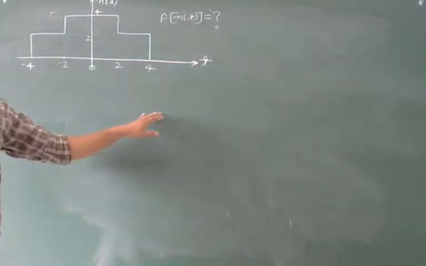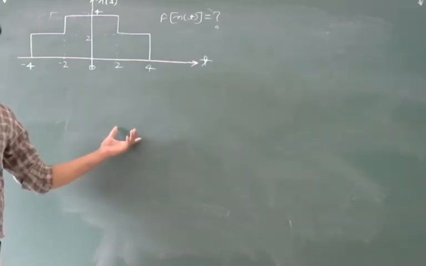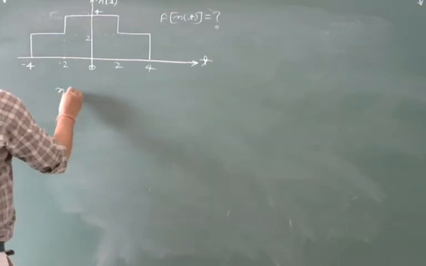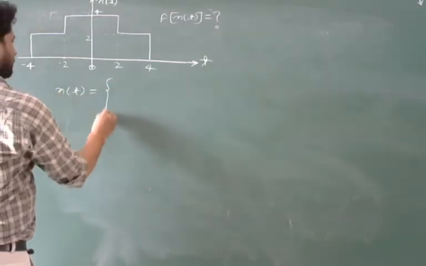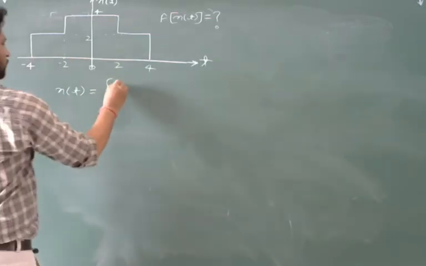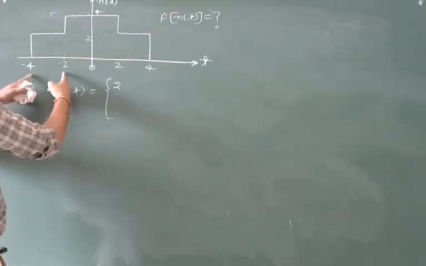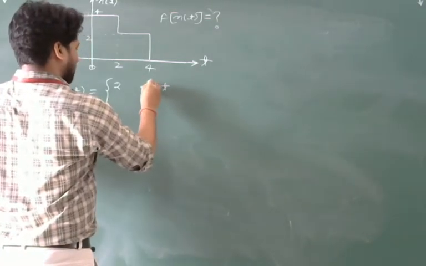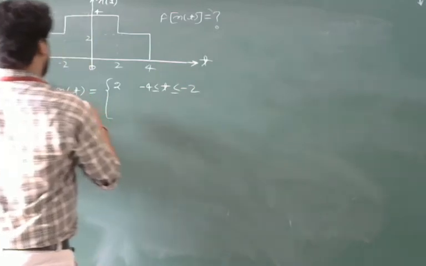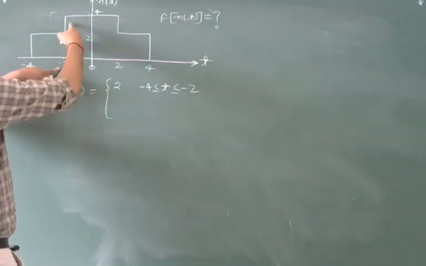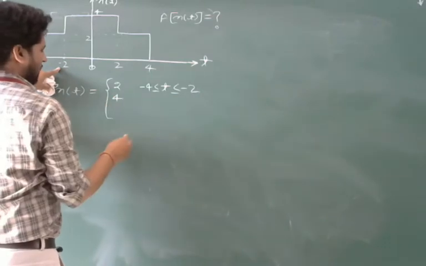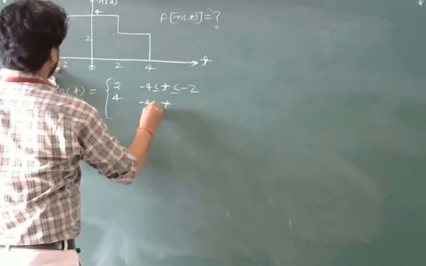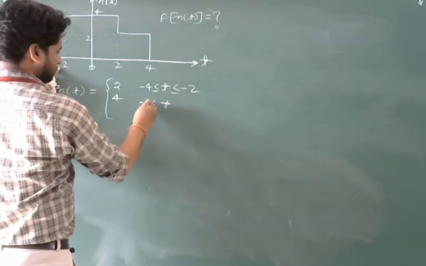To get the Fourier transform of this signal, first we will write the definition of this signal. x(t) is equal to 2 when time is from -4 to -2, and it is +4 when time is from -2 to +2.